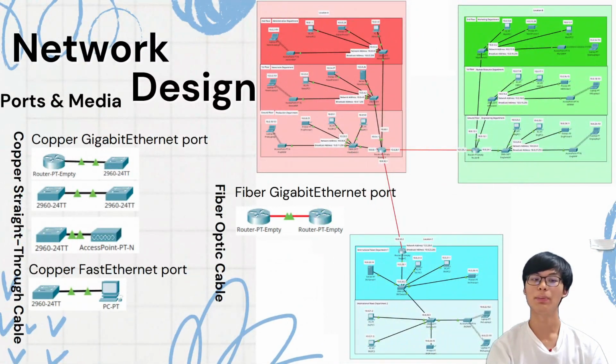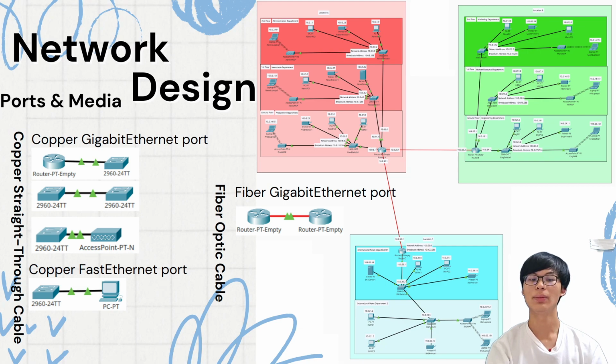There are different ports and media we use in our network design. First, we use the copper straight-through cables to connect copper gigabit Ethernet ports between the router and the switch, between switch and switch, and between switch and wireless access point. And we also use the same cable for the fast Ethernet ports to connect between switch and end devices.